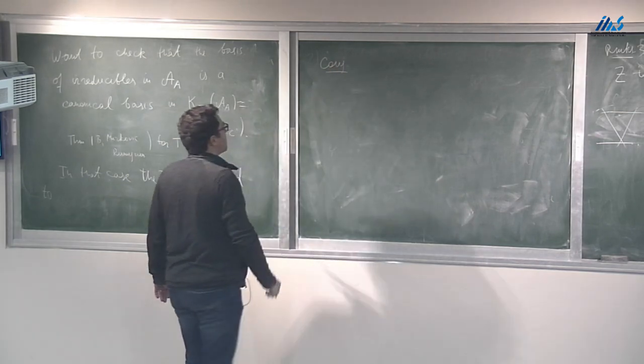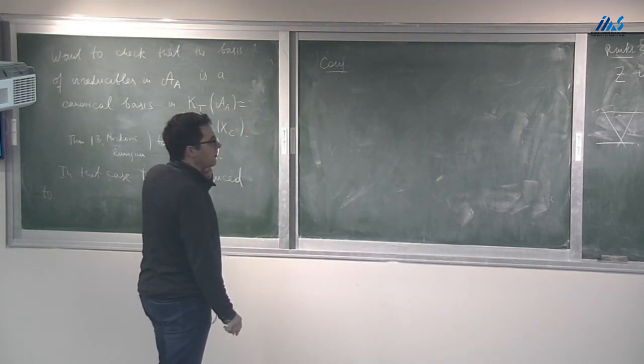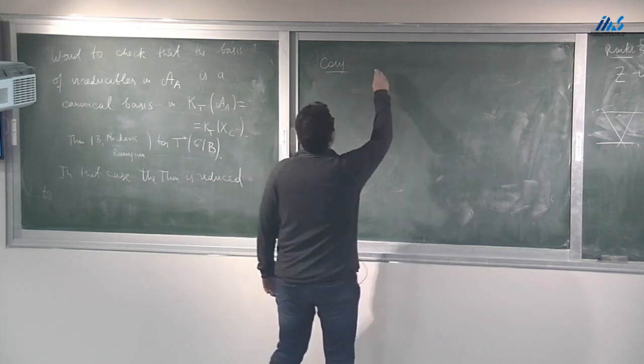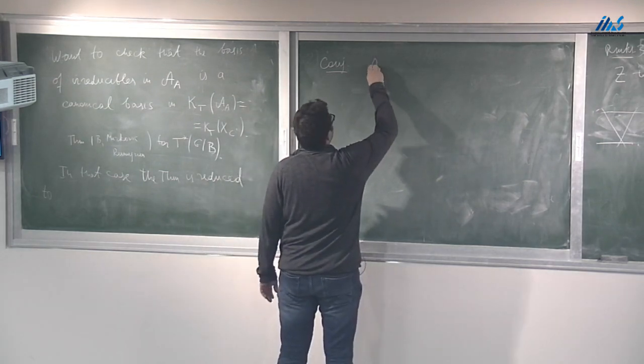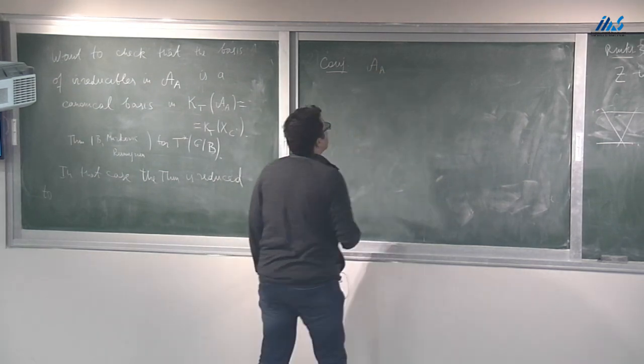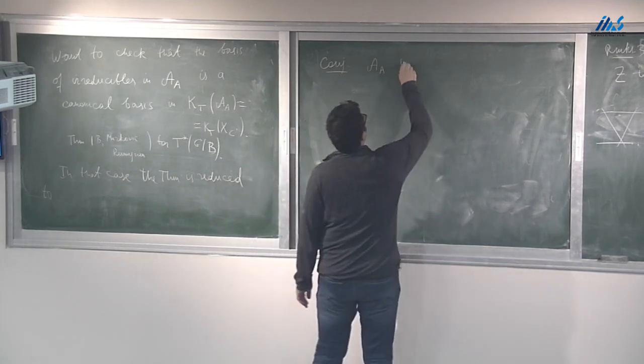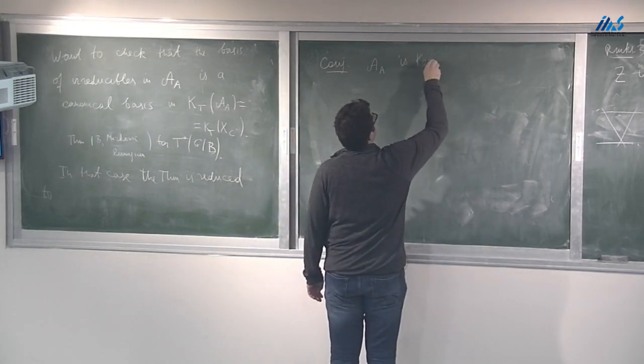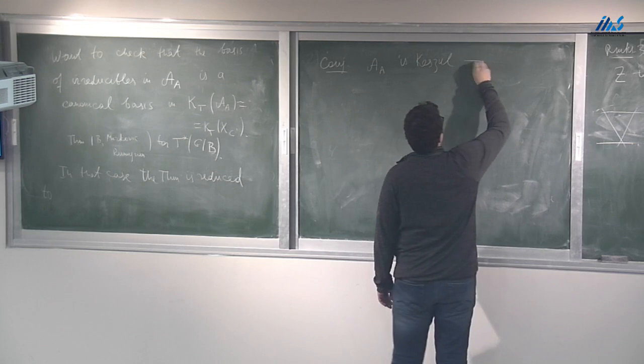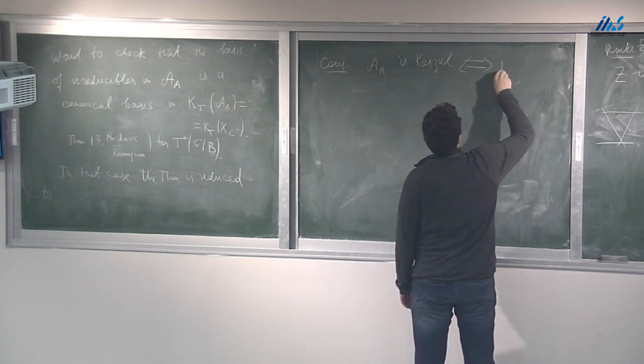So the conjecture is that this category, that A, has the Koszul property, and this is to be equivalent to positively graded.